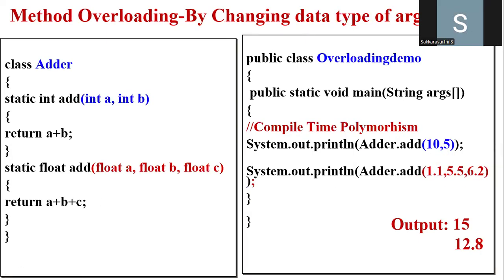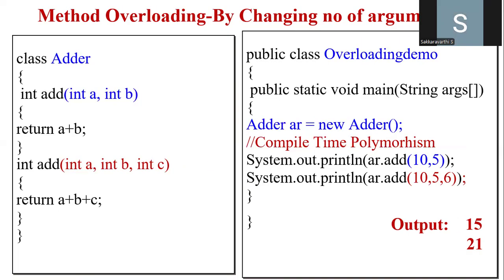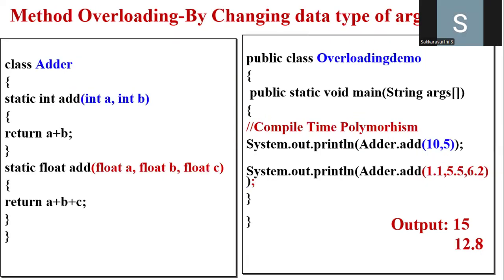Then the next one is we can overload the methods by changing the data type of the arguments. In the first case, we wrote the program by changing the number of arguments. In the second case, we are changing the data type of the arguments. Let's see.